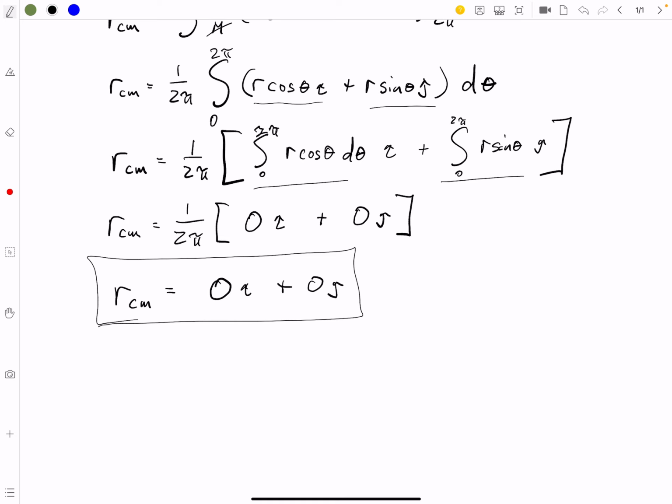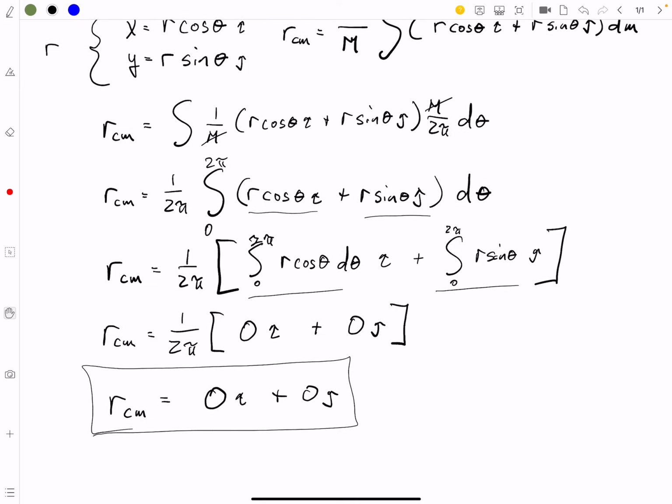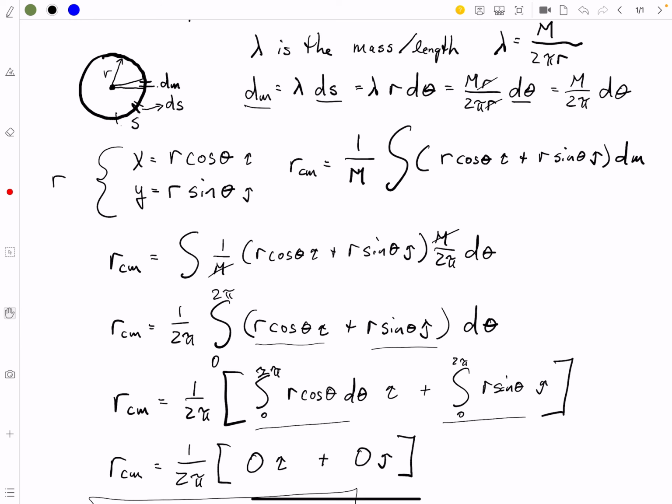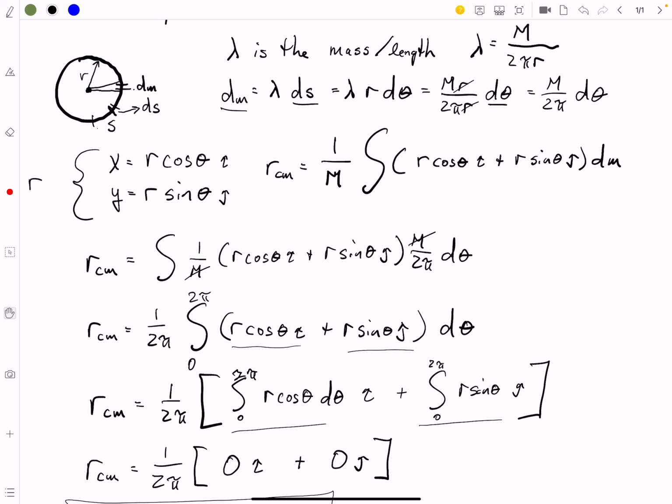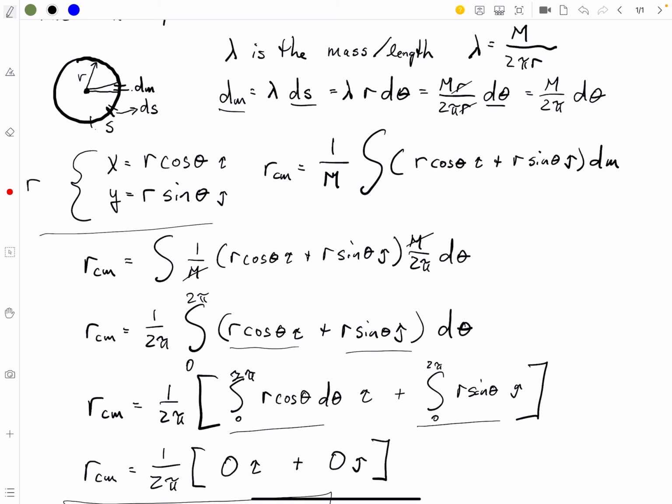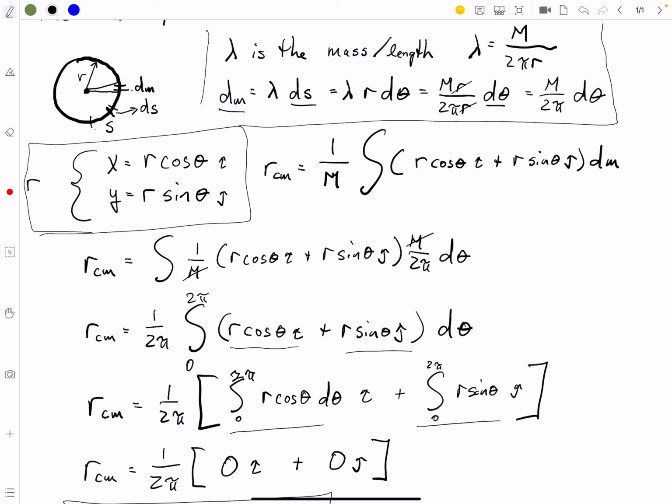I hope you guys understand that. You know where the hard part is? I know where the hard part is. It's up in here. This right here, that's a hard part. This over here is also a hard part. So it's figuring out how to get our d thetas or other things from our dm.